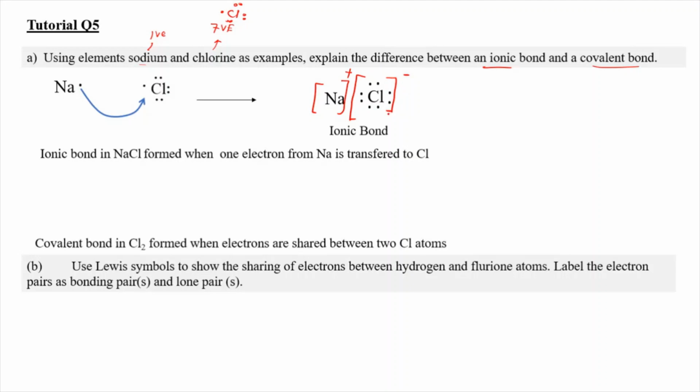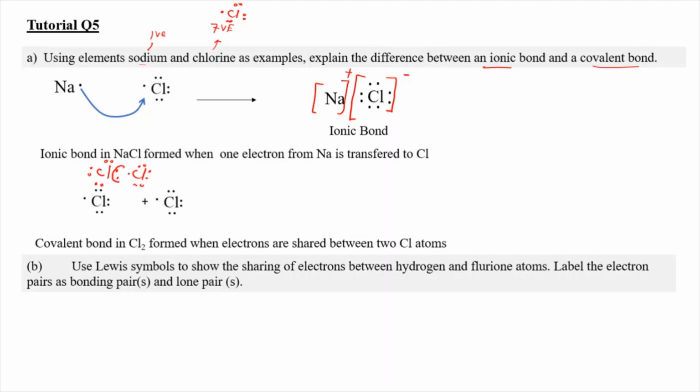Meanwhile, a covalent bond is formed when the two chlorine atoms share the electron together in order to form a chlorine molecule. So as usual, you need to draw the Lewis dot symbol for the chlorine atom. So you have two of them together, and then you can imagine it to be like this, where one electron from one atom is shared with an electron from another chlorine atom.